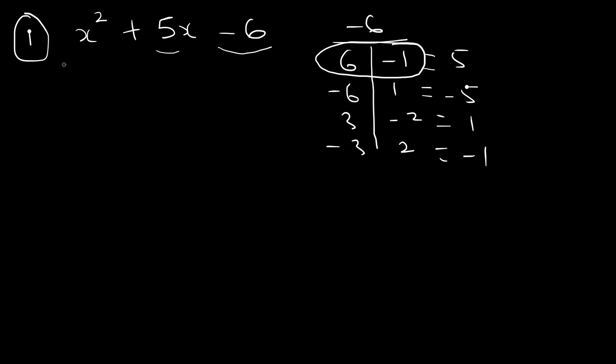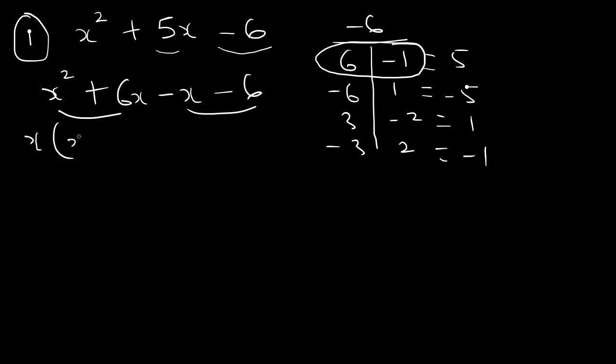So we'll come here, x squared plus, now replace 5x with 6x and minus x. So that becomes 6x, minus 1 becomes minus x, and minus 6. So we are going to factorize by grouping. If we do that, x squared and 6x, x is common, we'll factor it out.